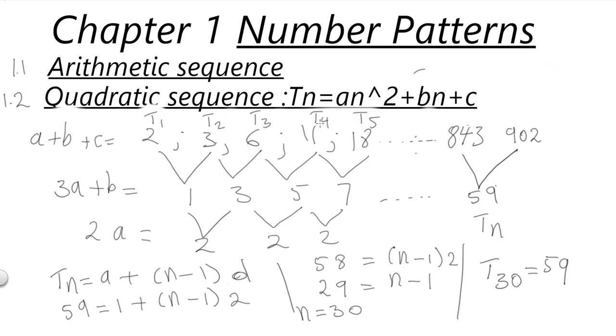Meaning that if 59 is t30, automatically here also we have a t30, and the following one should be 31. Can you see? This is very, very important for you to understand.